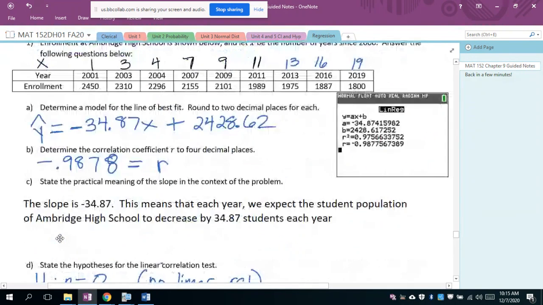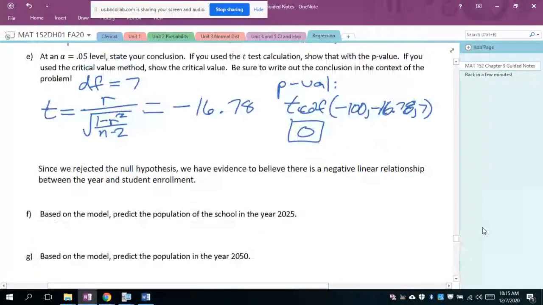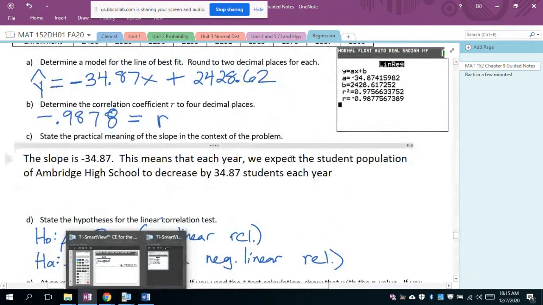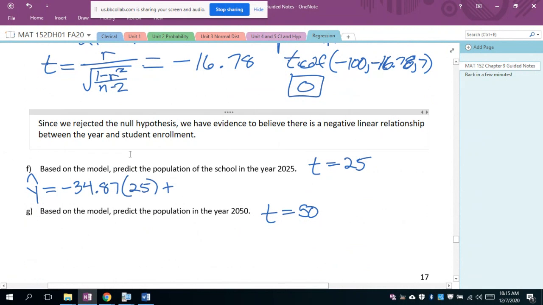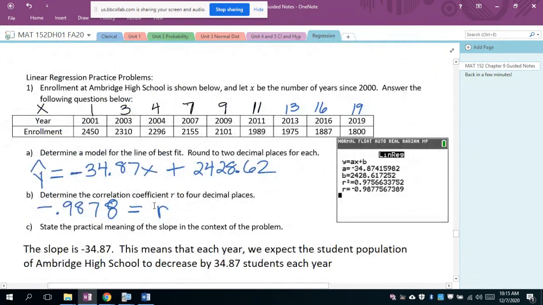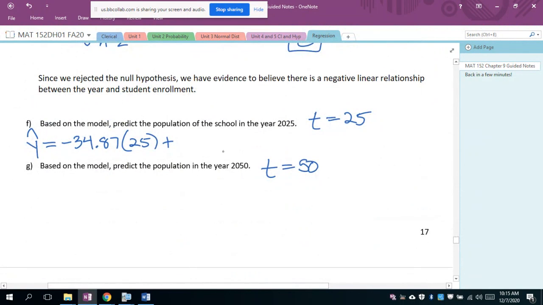Now, based on the model, we're going to predict the population in the year 2025. So keep in mind, that's where t is going to be 25, and in this one, t would be 50. So y hat would be negative 34.87 times 25 plus 2428.62.